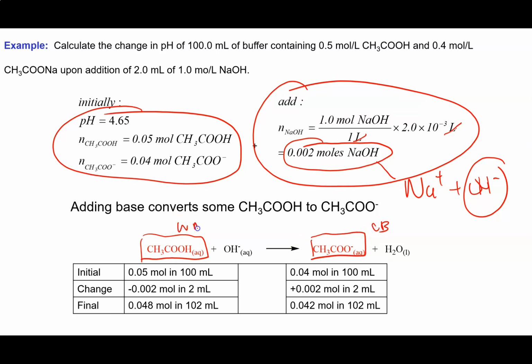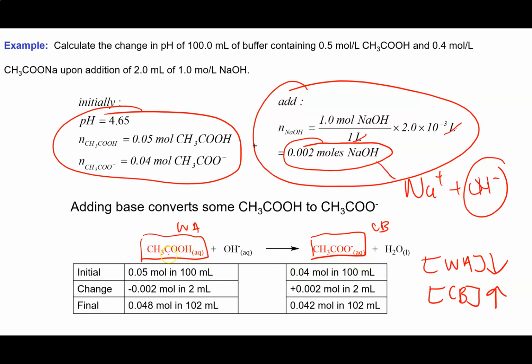So the concentration of my weak acid will decrease, and the concentration of my conjugate base will increase. So initially, I had 0.05 moles of my acetic acid in 100 mils, and I had 0.04 moles of my acetate anion in 100 mils.